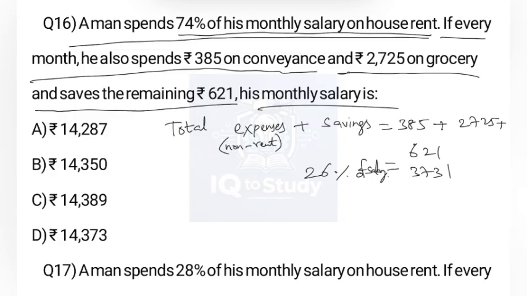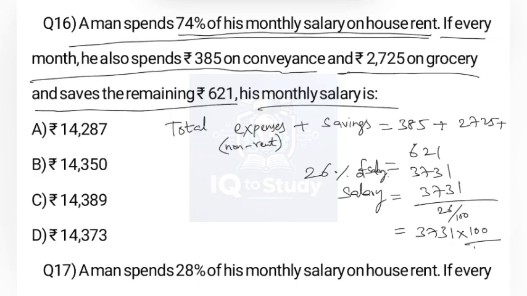So salary is equal to 3731 divided by 26 by 100, which is equal to 3731 into 100 divided by 26, which is 14,350.